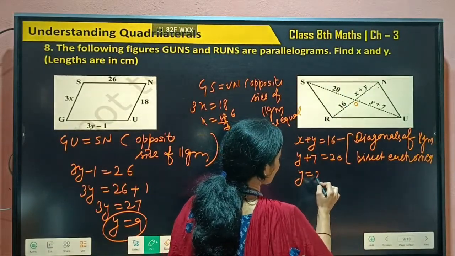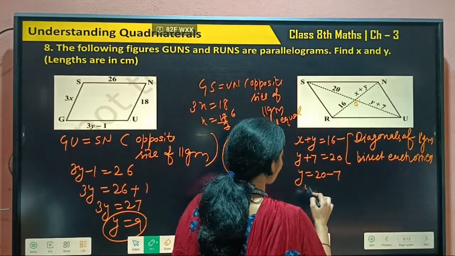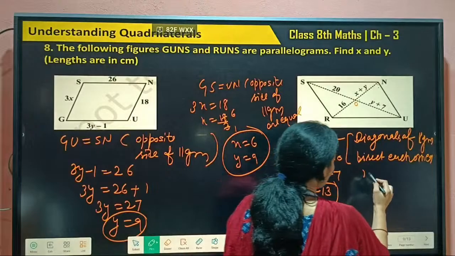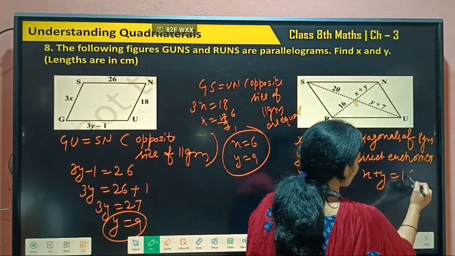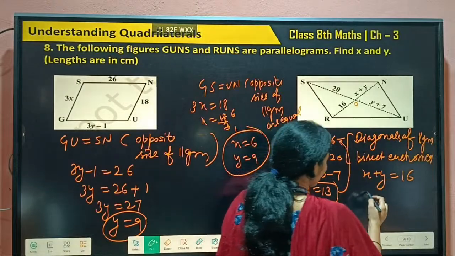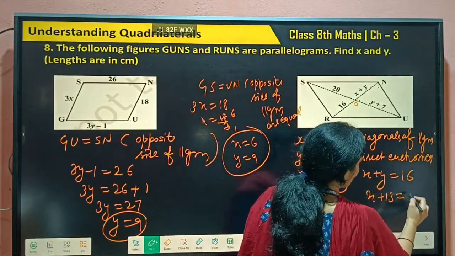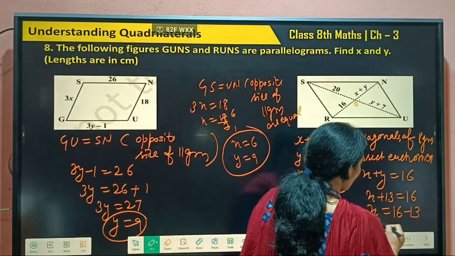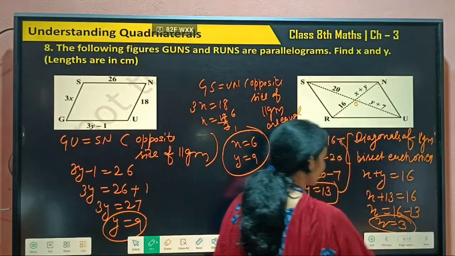From there y equals 20 minus 7, y equals 13. Making use of y equals 13 in the first equation, x plus 13 equals 16. x equals 16 minus 13, x equals 3.